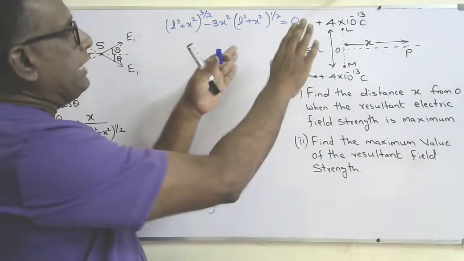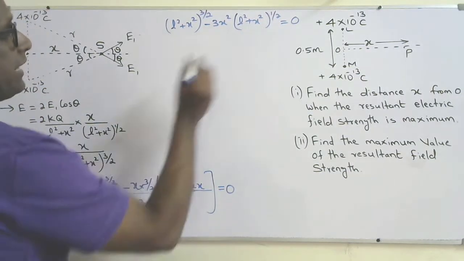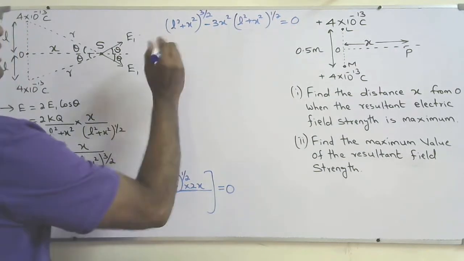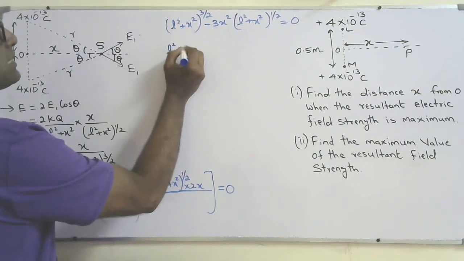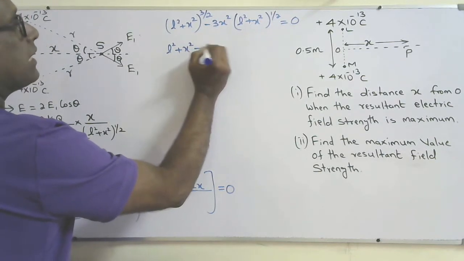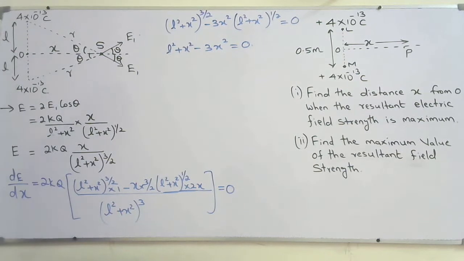I can divide the whole equation by L squared plus x squared to the power half, and that becomes L squared plus x squared minus 3x squared equal to 0.